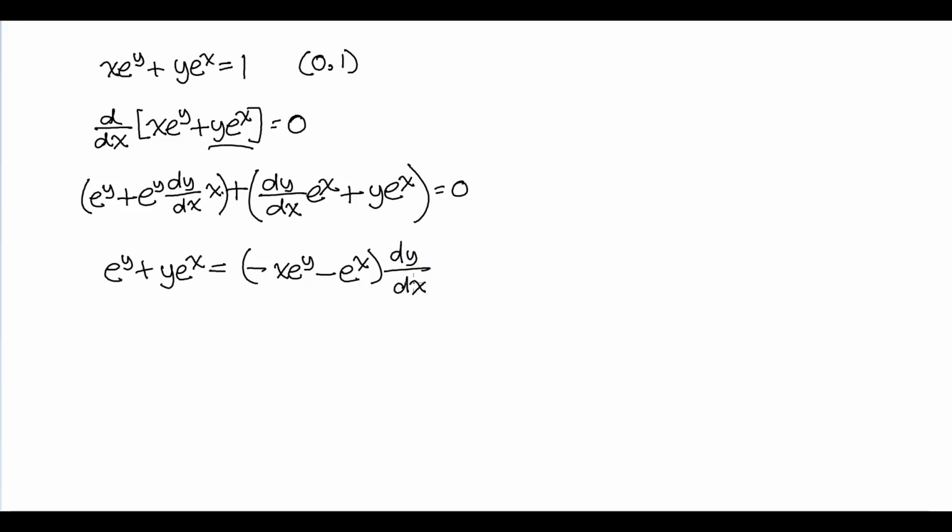Okay, we're just subtracting them and factoring out dy dx, as you would do with any implicit differentiation problem.